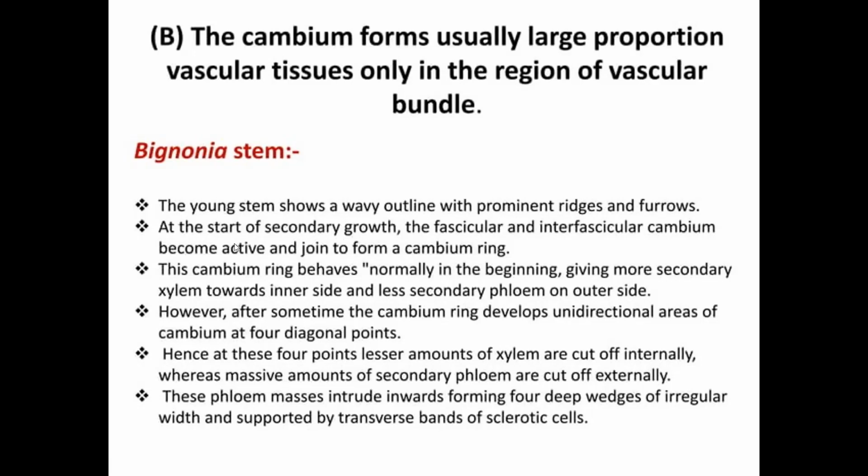At the start of secondary growth, the vascular and intervascular cambium becomes active and joins to form the cambial ring. During the starting stage of secondary growth, this cambium ring behaves normally and gives more secondary xylem towards the inner side and less secondary phloem towards the outside.